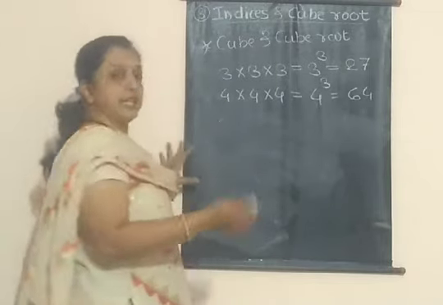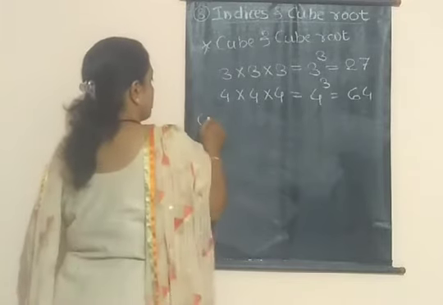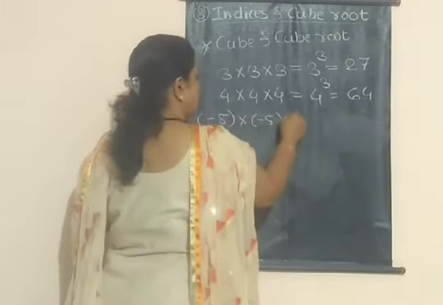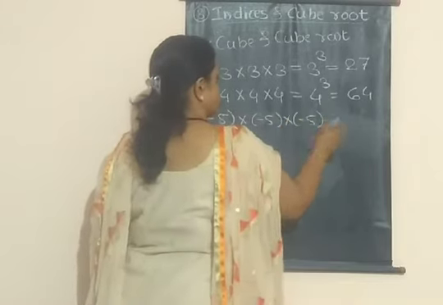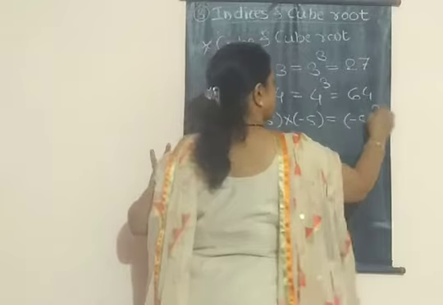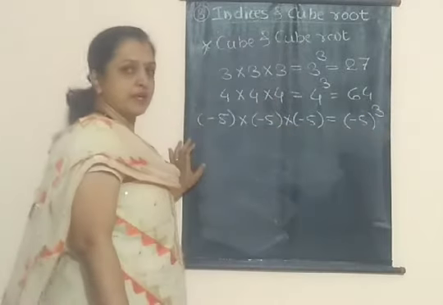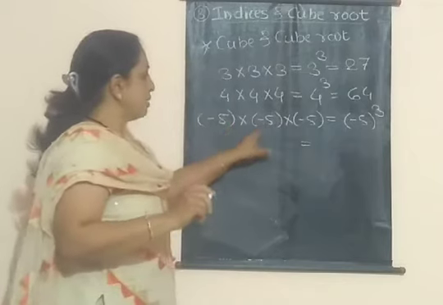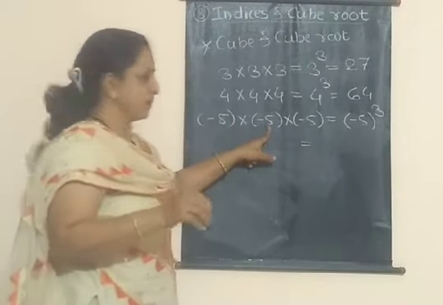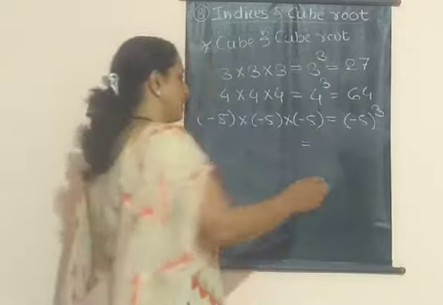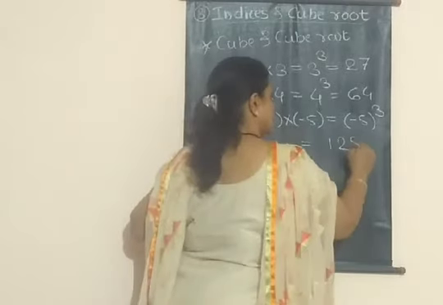Then consider another example. If we take a negative number, suppose minus 5 multiplied by minus 5 multiplied by minus 5. So you can write this as the cube of minus 5. Now let's see what the answer is. 5 multiplied by 5 is 25. Multiplied by 5, 25 into 5 is 125.